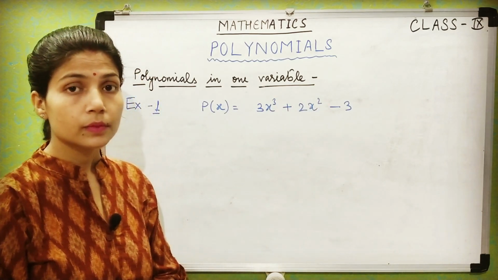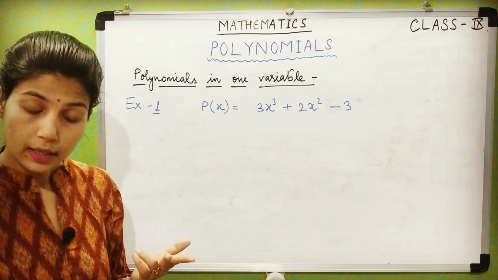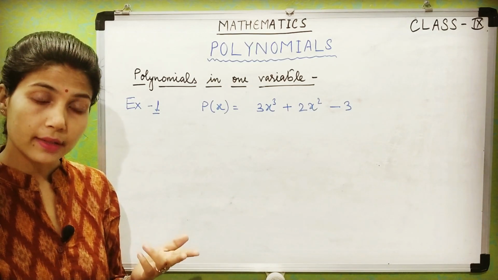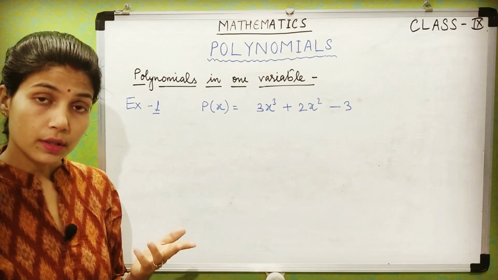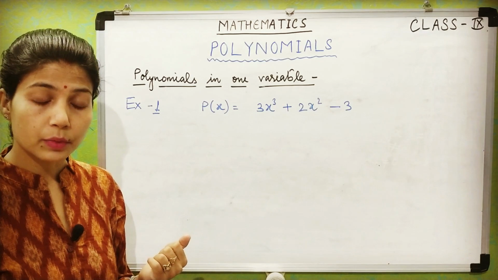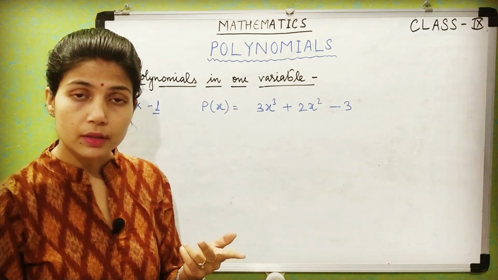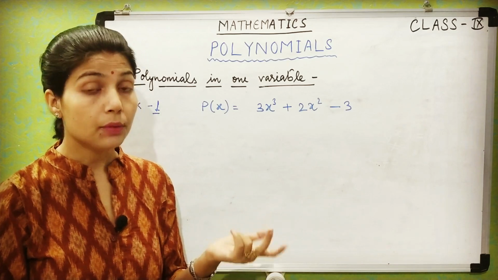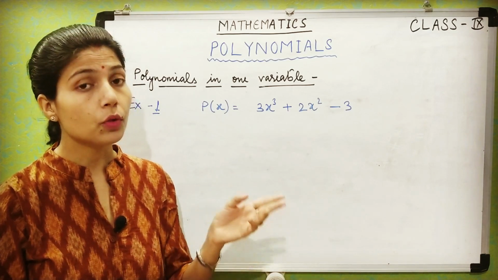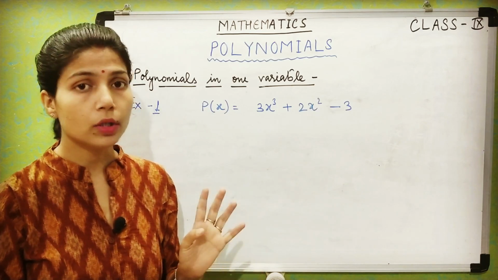As we have discussed, if you add, subtract, multiply or divide algebraic expressions, you will again get an algebraic expression. In the same way, if you add two polynomials, you will get a polynomial. If you subtract or multiply two polynomials, you will again get a polynomial.